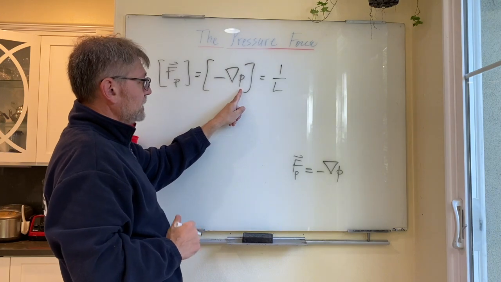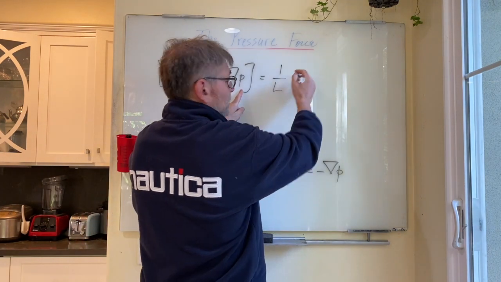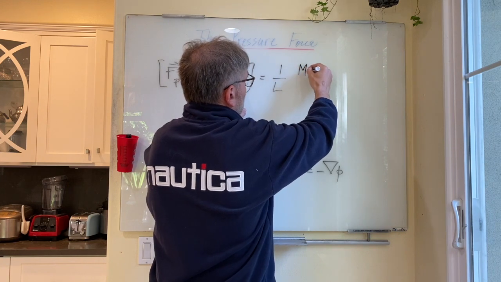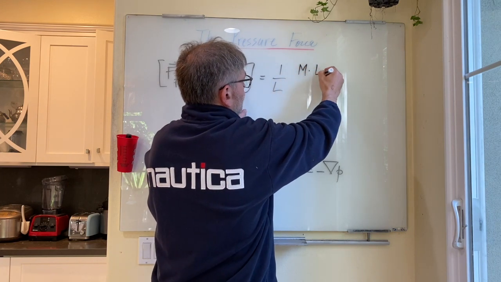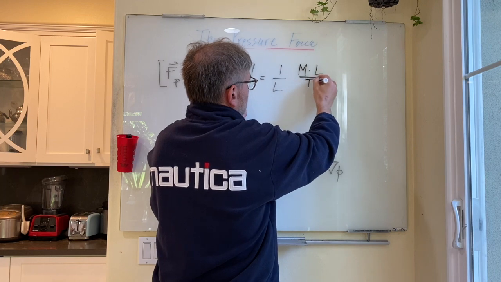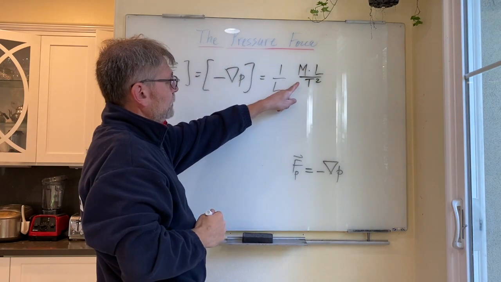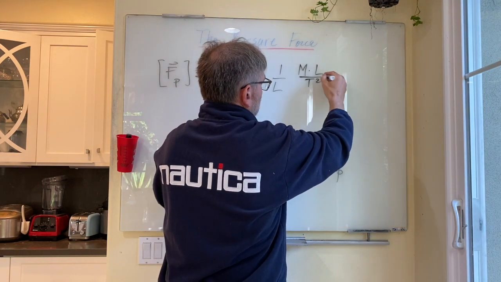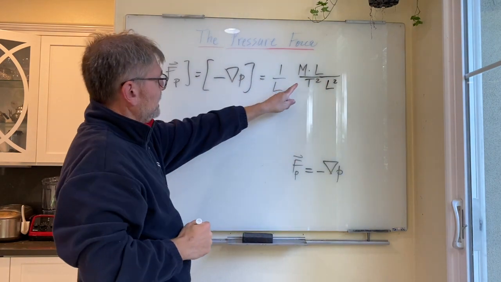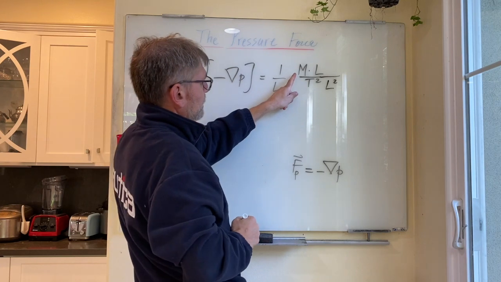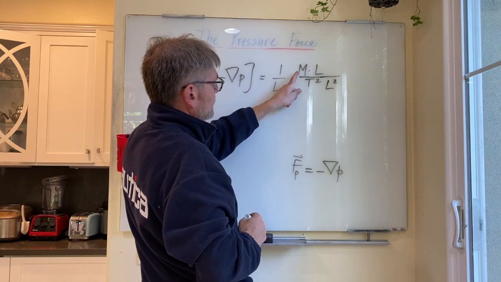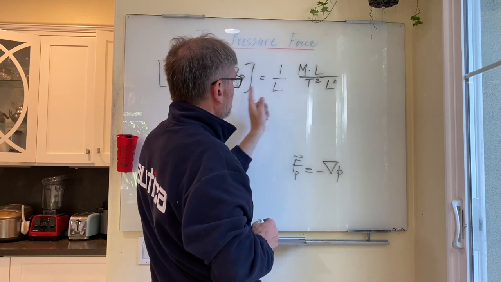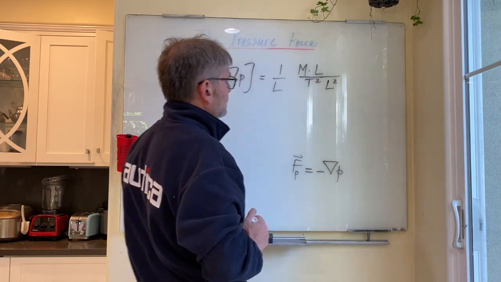And the pressure has units of force, which is mass times acceleration, right? And an acceleration is a length per unit time squared. So this is the force per unit area. So I have to do a length squared, right? So these are the dimensions of the pressure, right? Force, which is mass times length over time squared, per unit area, because it's the pressure, over length squared.